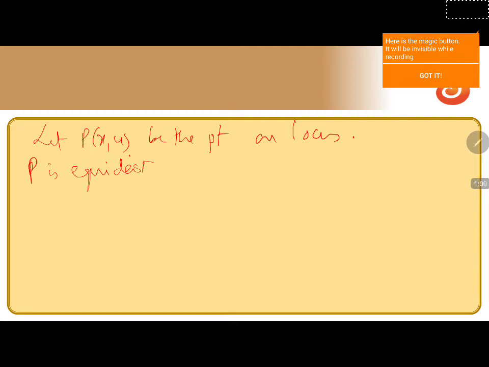Let P(x, y) be the point on locus. Now, P is equidistant from A (2, 4) and B (-7, 1).